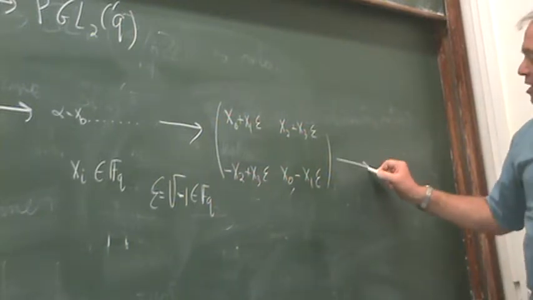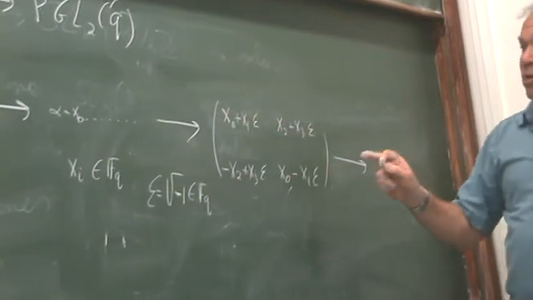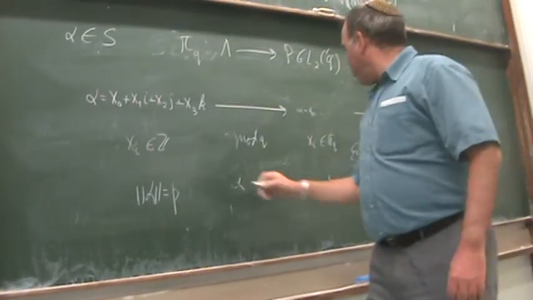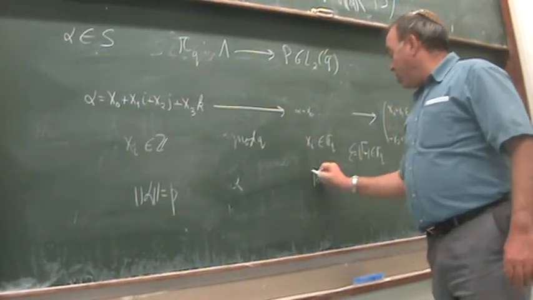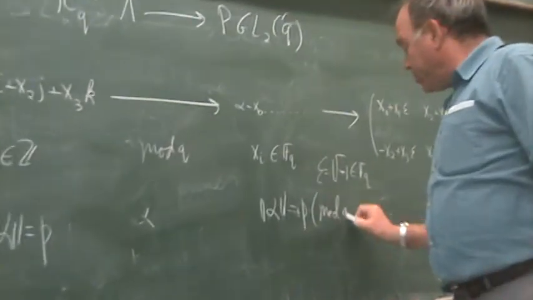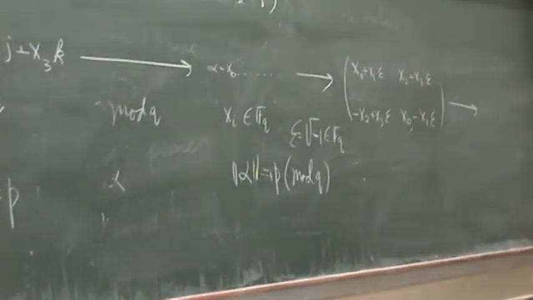And so, now, okay, what happened? Here the norm of alpha is equal to P. Here the norm of alpha is also equal to P, but I have to think about P mod Q, right? That's really the meaning.